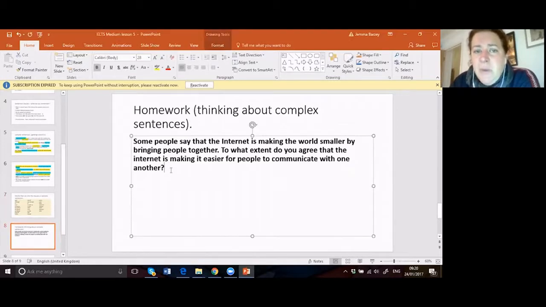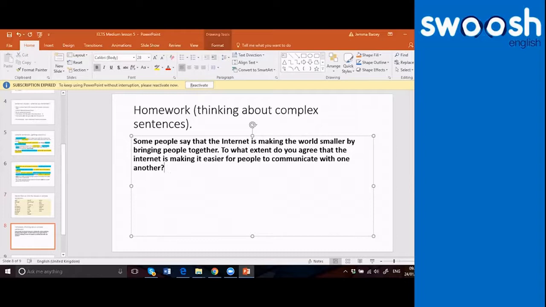So here's the homework, and we're thinking about complex sentences here. And we're doing "if you agree with the statement." So what you want to do first is brainstorm your ideas, okay? And look for ways to link them, okay?